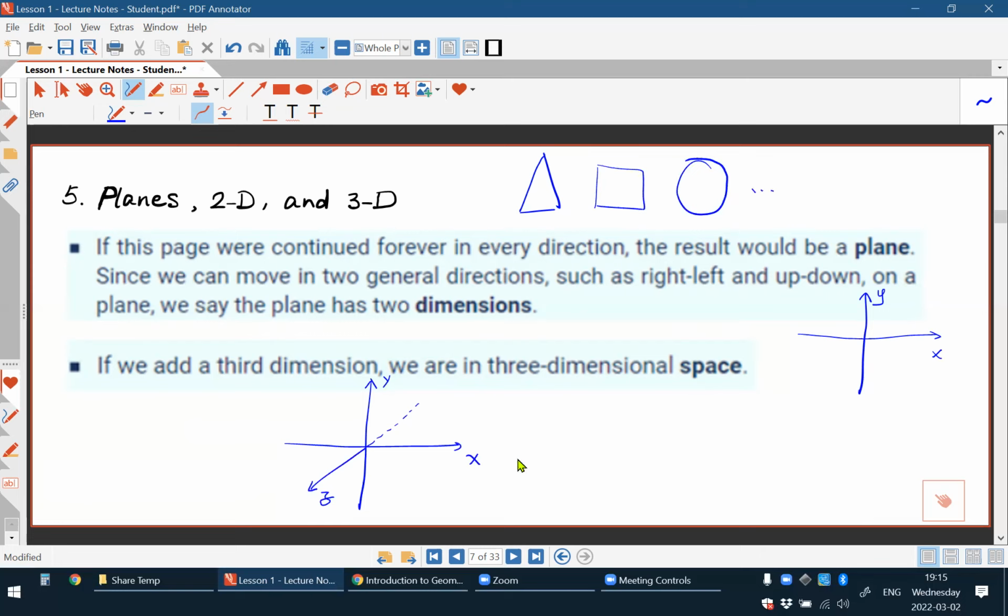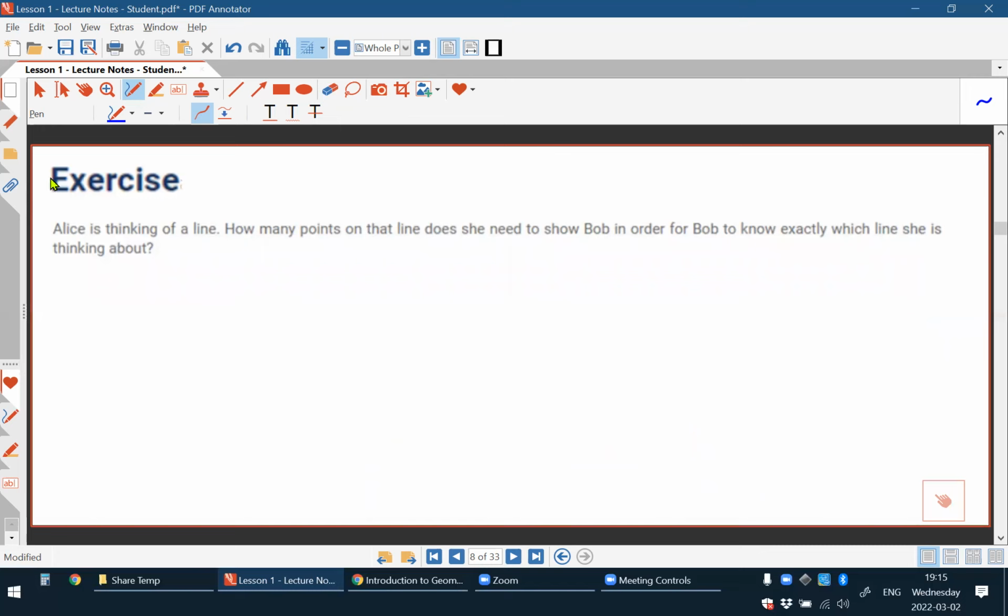And in the three-dimensional case, we'll discuss cubes, spheres, and some other 3D shapes in later lessons, okay? All right, so these are some basic concepts. So now let's take a little exercise.